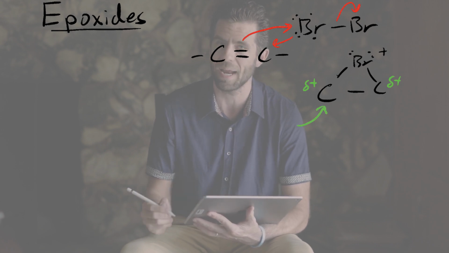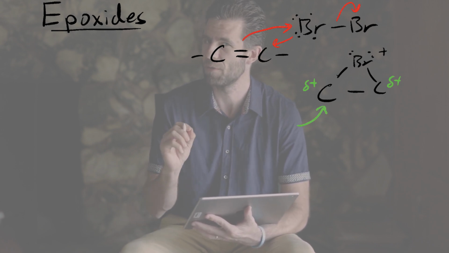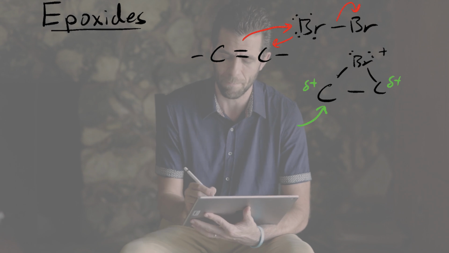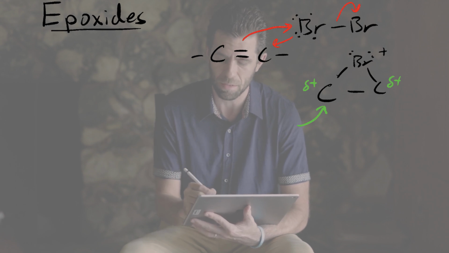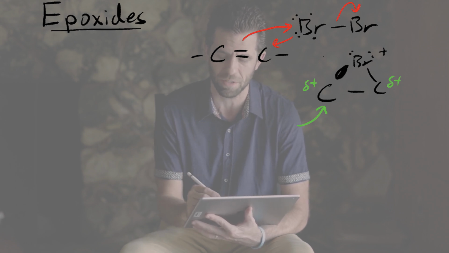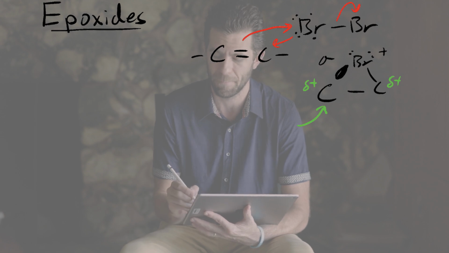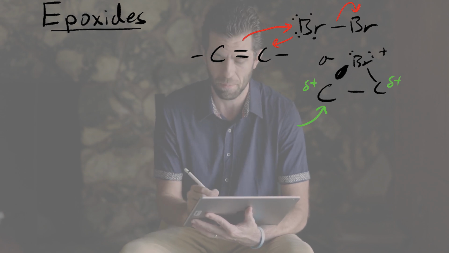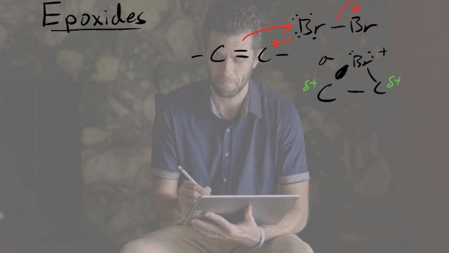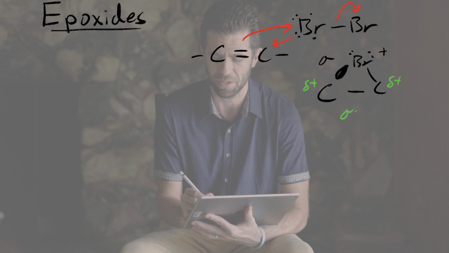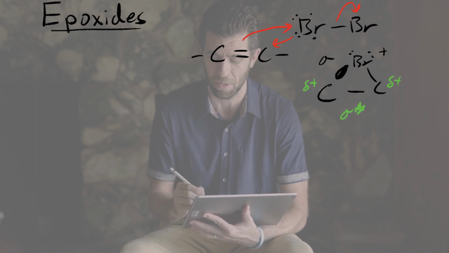be backside attacked. To review the backside attack, remember that these bonds right here are sigma orbitals. But if there's a sigma orbital, there must also be a sigma star, which is an antibonding orbital.